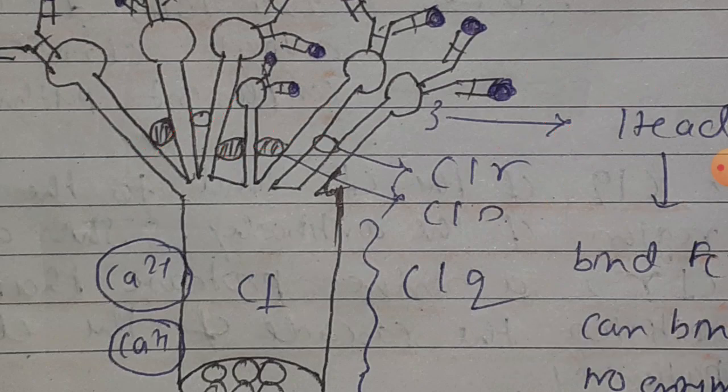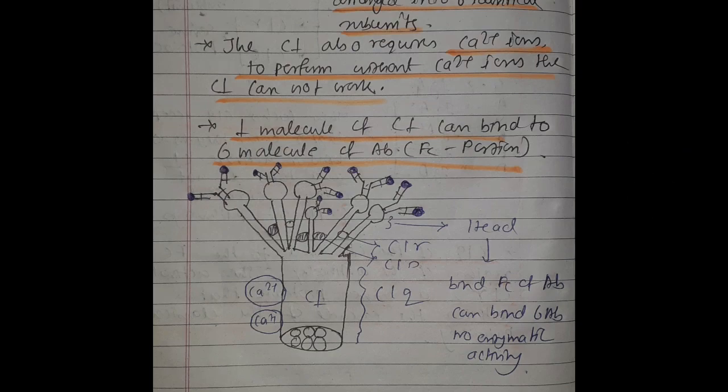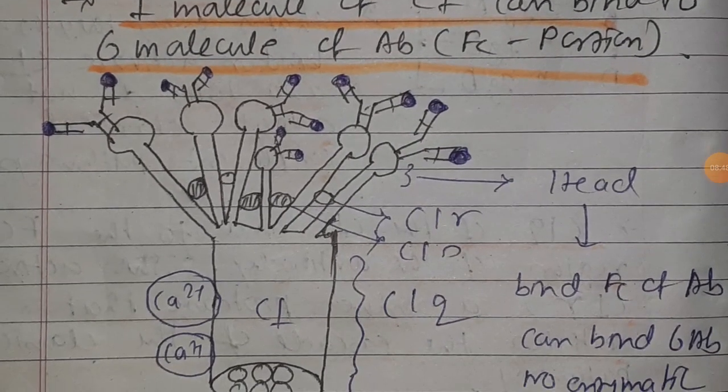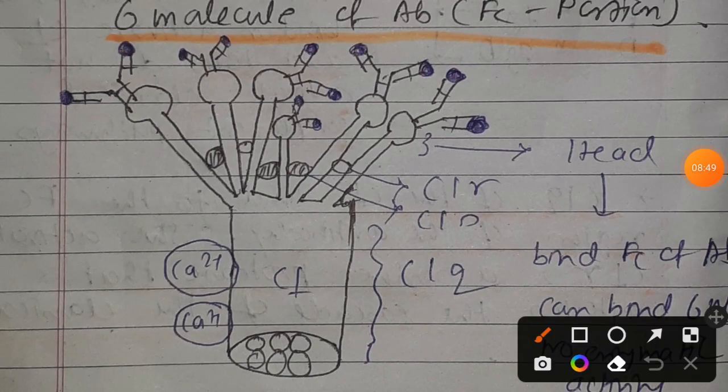So they are the protease here. Another important thing, as you can see, one molecule of C1 can bind with 6 Fc portions of different antibodies, right? That is the important thing you have to remember.